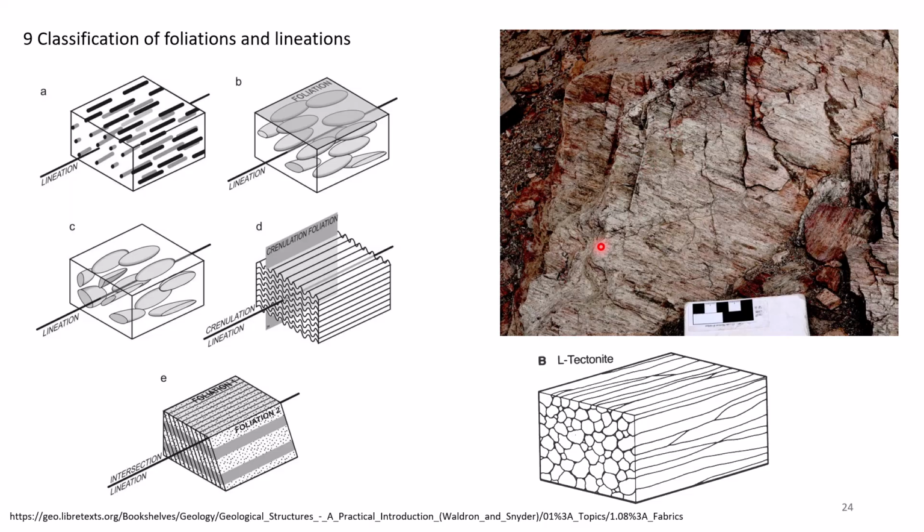We see foliations are developed, and on the foliations, we see a very clearly developed stretching lineation of quartz and probably also feldspar. This would be a high temperature shear zone, perhaps mylonitic, perhaps not. We don't see the context, but clearly a transport lineation is visible on a foliation that is steeply dipping towards us.